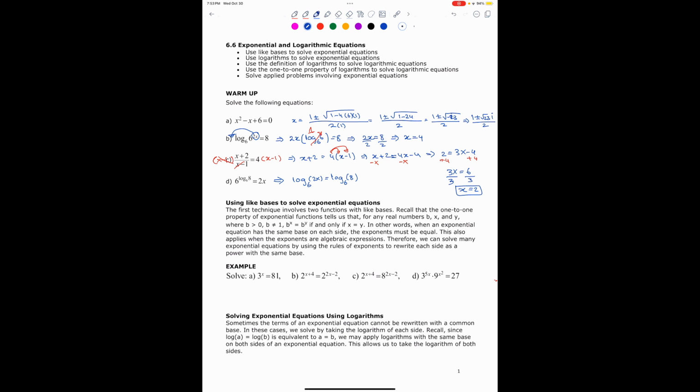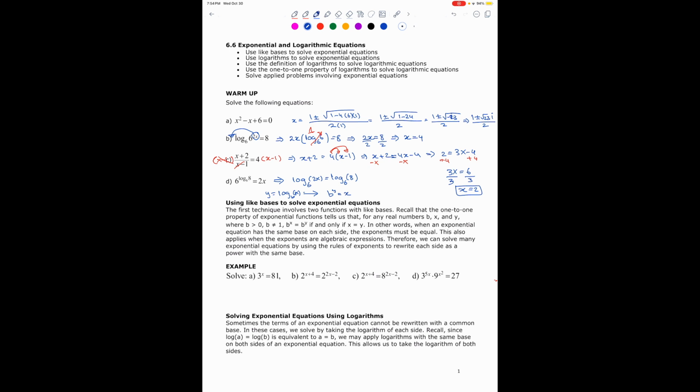We know that if y equals log base b of x, it can turn into b raised to the y power equals x. So that is what we did there. We turned the exponent into a logarithm. That is log base b of the answer equals the exponent. That is exactly what I did there.